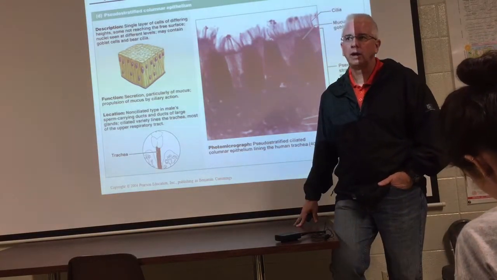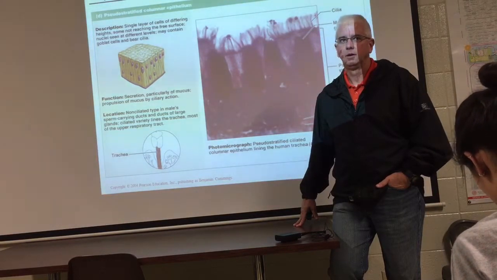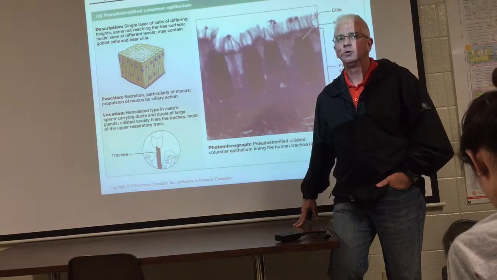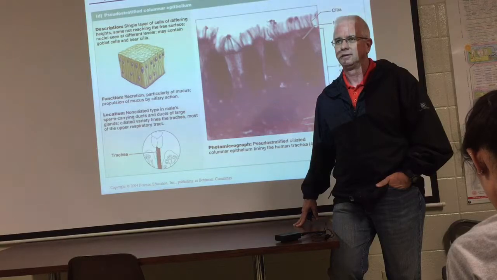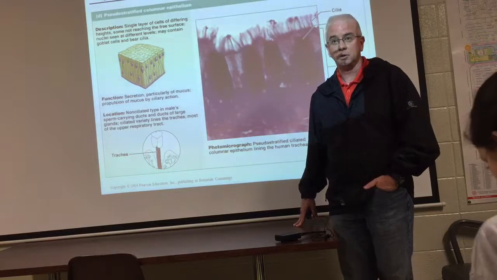What if I told you I cut through the alveoli? What would I find there? Simple squamous. What if I told you I cut through the small bronchi? What would I find there? Ciliated, simple columnar.